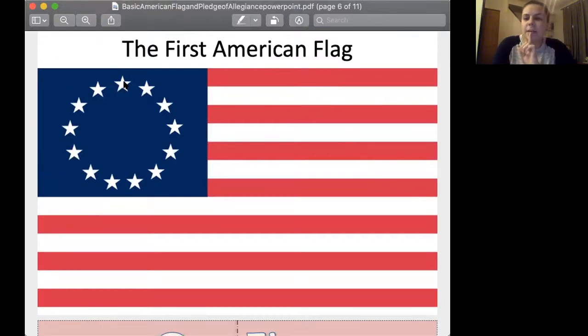Let's see how many stars there are here. Ready? 1, 2, 3, 4, 5, 6, 7, 8, 9, 10, 11, 12, 13. Now those 13 stars represent the 13 colonies. So that was a long, long, long time ago.